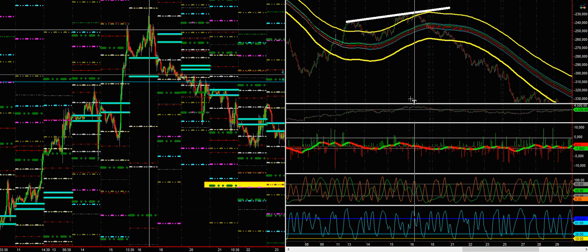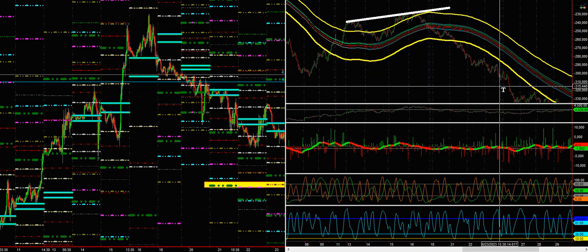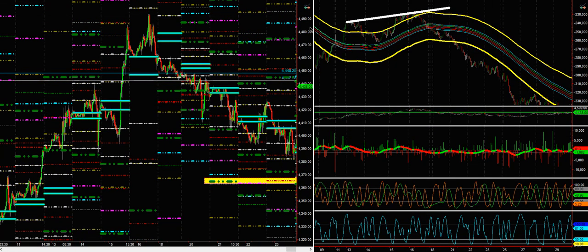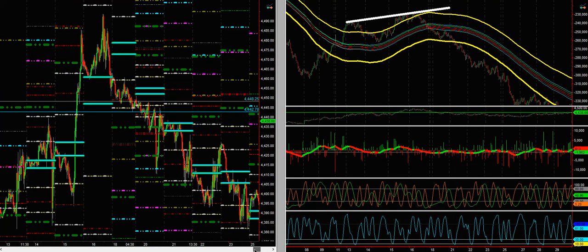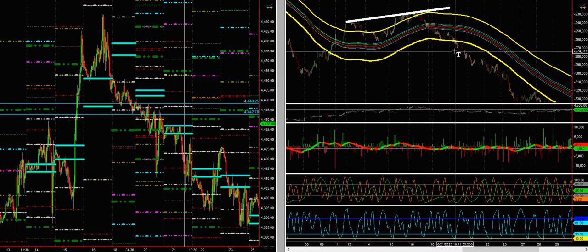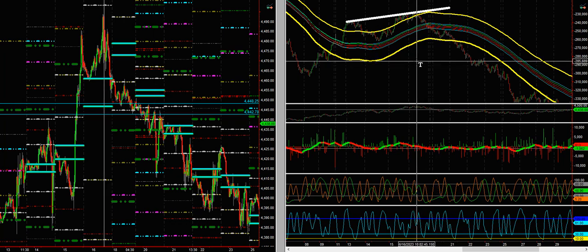All right. So once you see the trend is moving in the specified direction, what we can do is then look into the oscillators to join the direction.